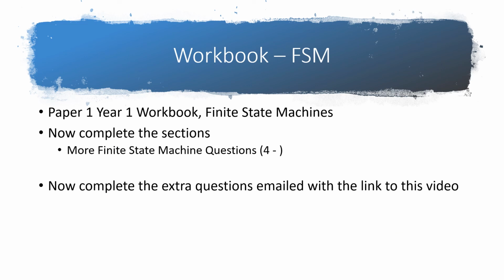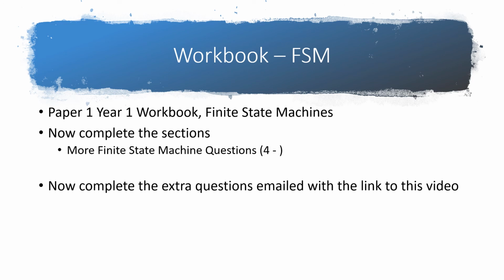So now you know what a Mealy machine is, or a finite state machine with outputs. There are some sections for you to complete. We want to finish off the last set of questions, because before you did questions 1 to 3. So question 4 onwards are about finite state machines with outputs.